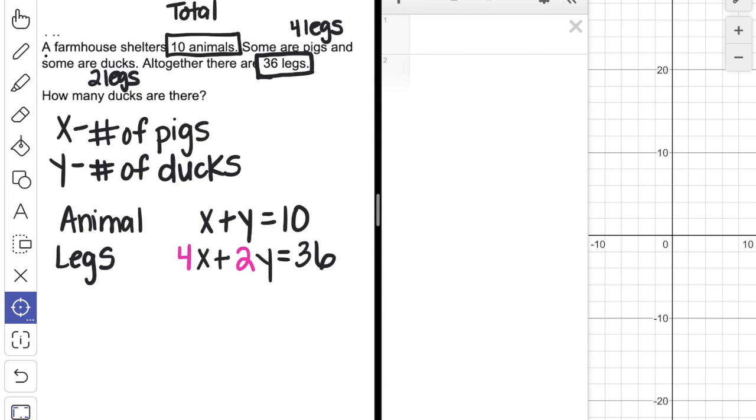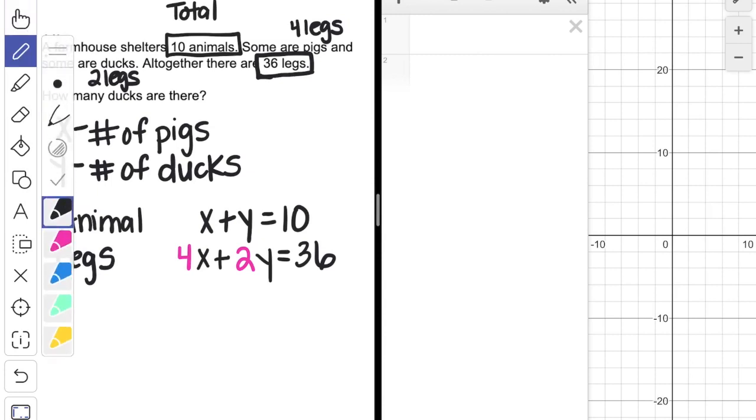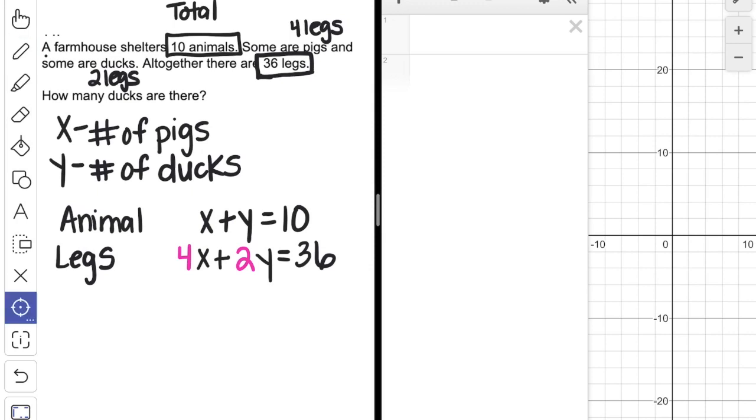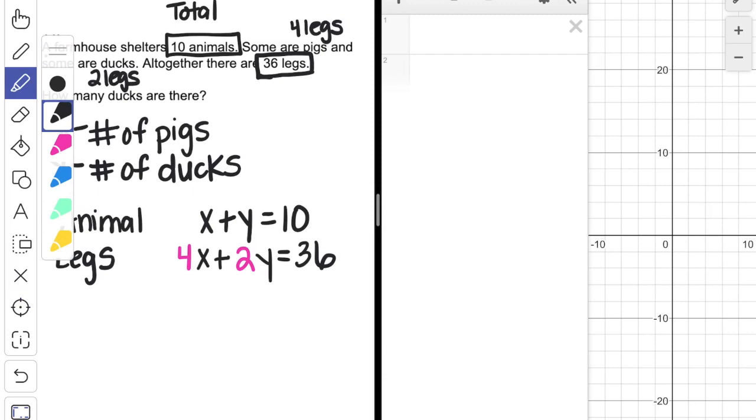Now, because these are both in standard form, I'm going to solve this using elimination. All right, so right here, I'm going to look for what option is going to be best. Looking at this, I can either use my x's or my y's because my x here is a 1x and my y is a 1y. So I can either multiply by 4 and eliminate the x's, or I can multiply by 2 and eliminate the y's. The thing that is really important in this particular problem is the fact that we're solving for ducks.